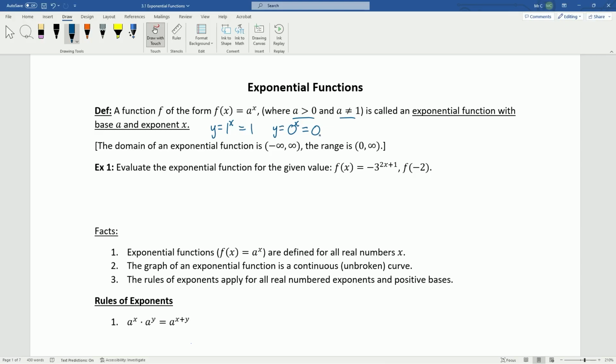Okay, well, what about negative cases? Well, if the value of a was negative, say we had y equals -1 to the x power, then we could end up with some not good situations. For example, if x was 1/2, then the 1/2 power, hopefully we recall from algebra, is the same thing as the square root, and we'll go into more depth on that in a few minutes.